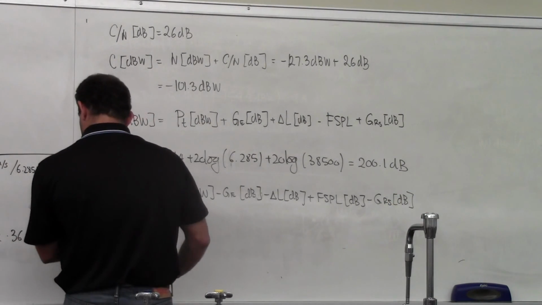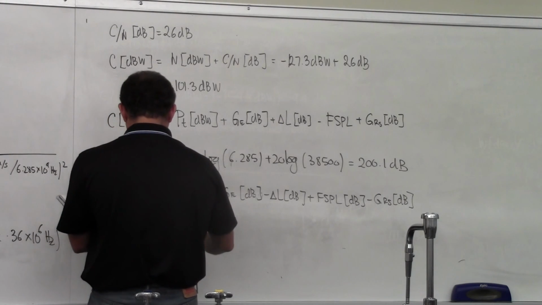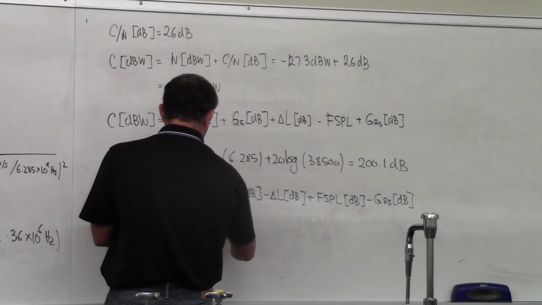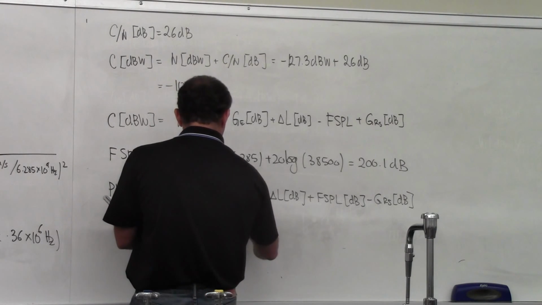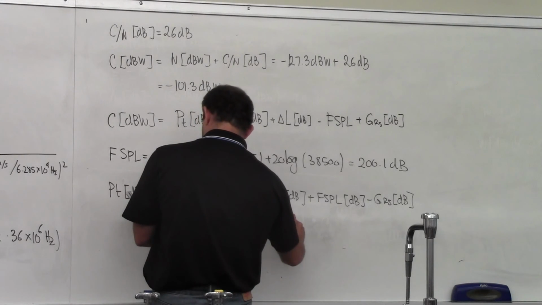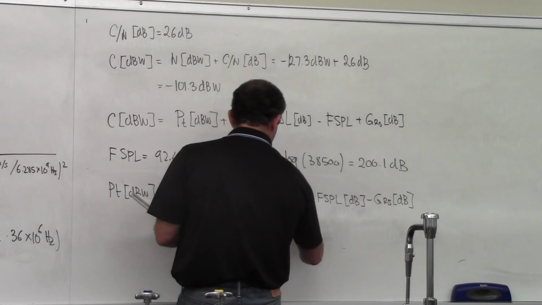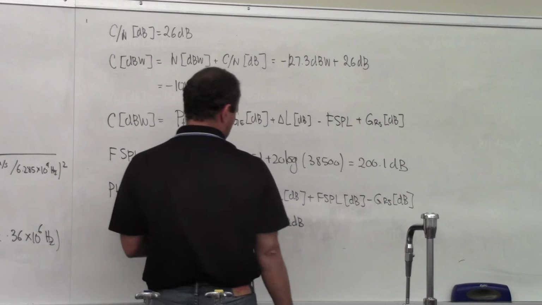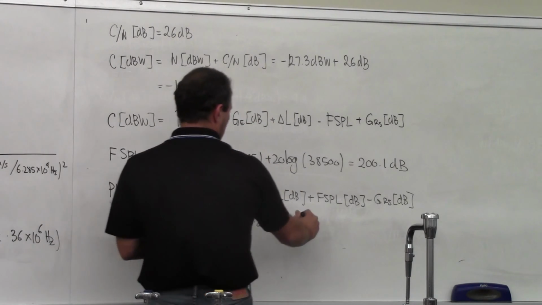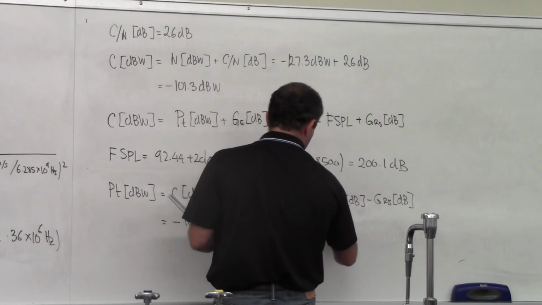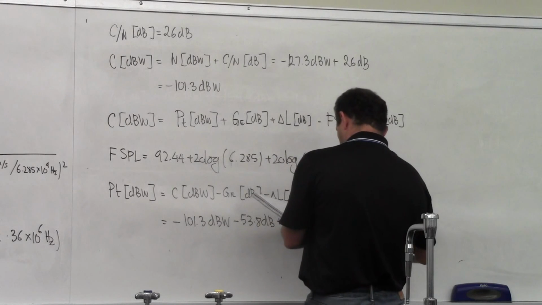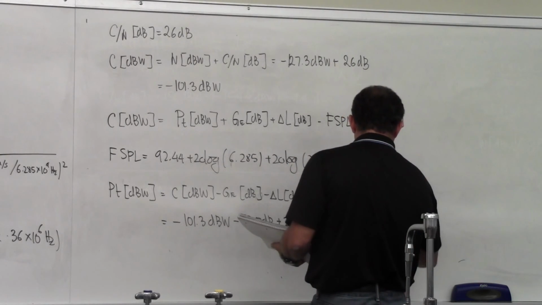So this is equal to minus 101.3 dB watt minus 53.8 dB plus this correction for being off the axis plus 200.1 dB and minus the gain of the receive antenna, which was 31 dB.